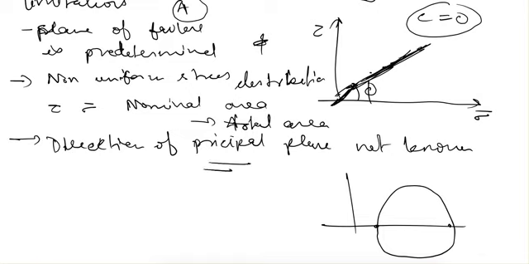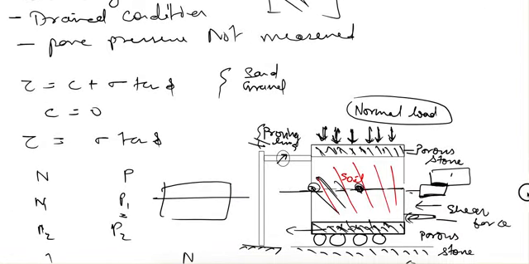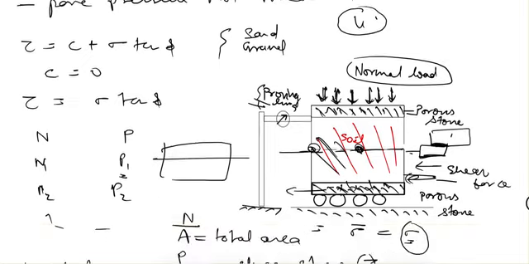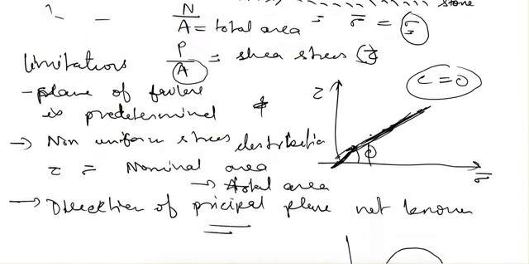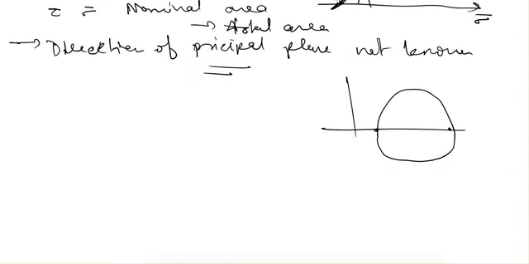And no control of drainage, as I said earlier, that we cannot find out the pore pressure in this case, so only for drained condition we can conduct this test. So this is the easiest test, and economical also.